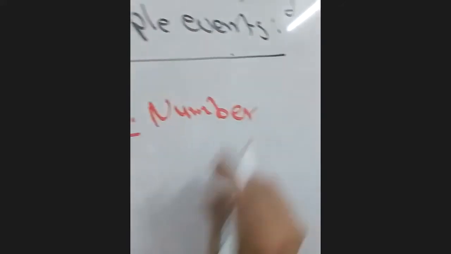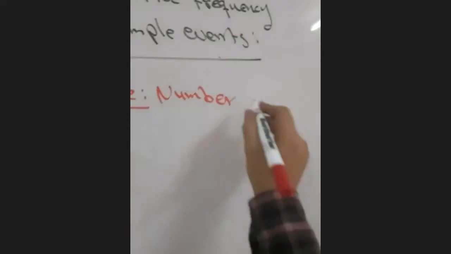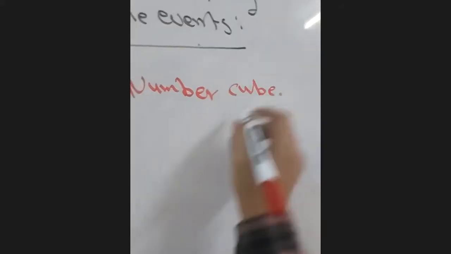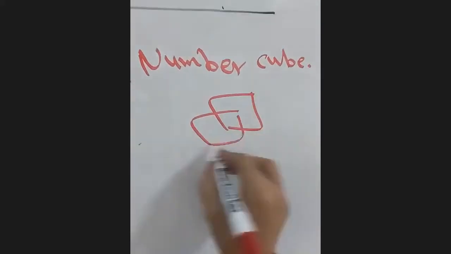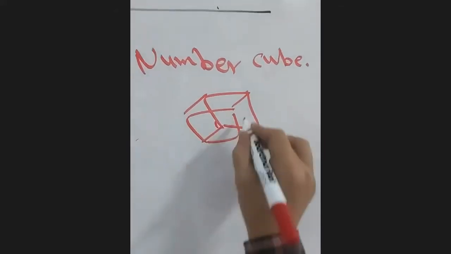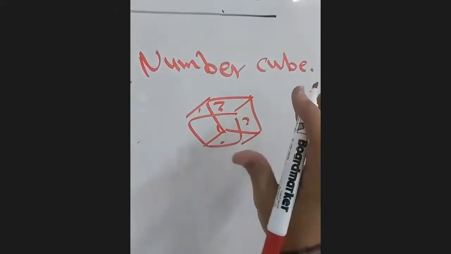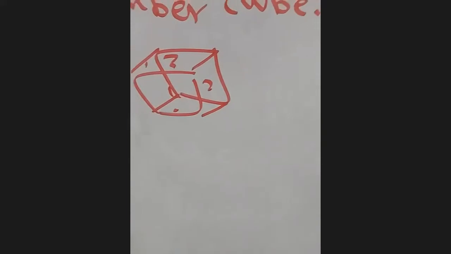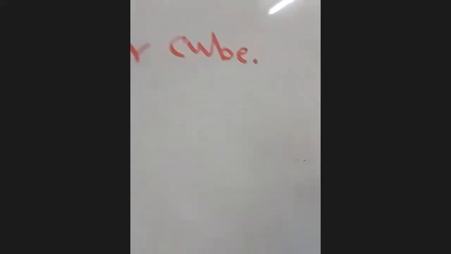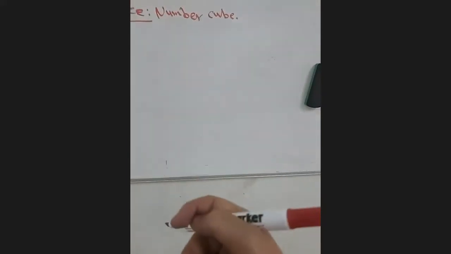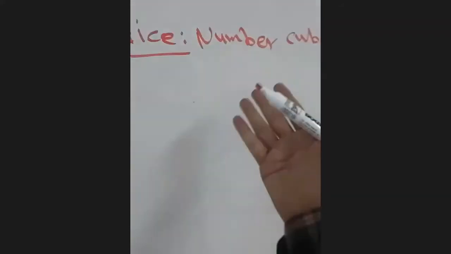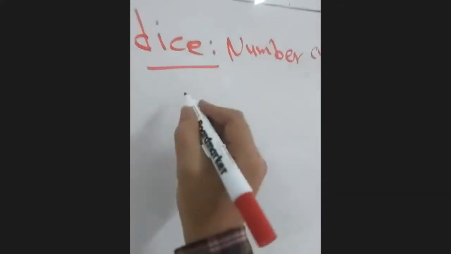The number cube is a cube with faces 1, 2, 3, 4, 5, 6. So if we roll the number cube, what are the choices we will have?